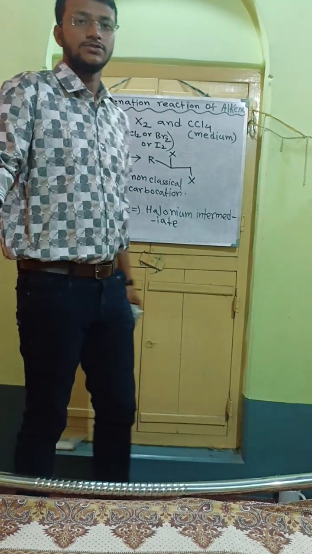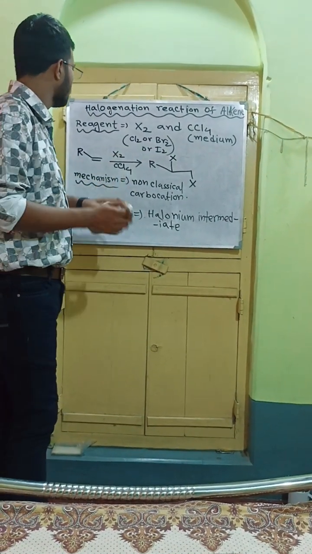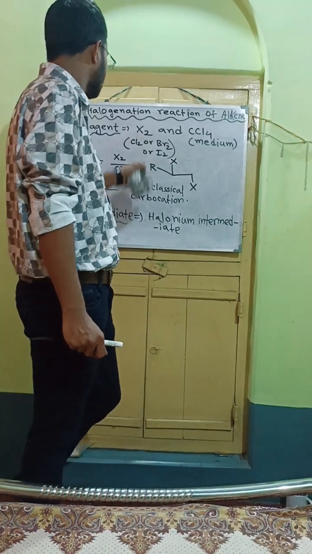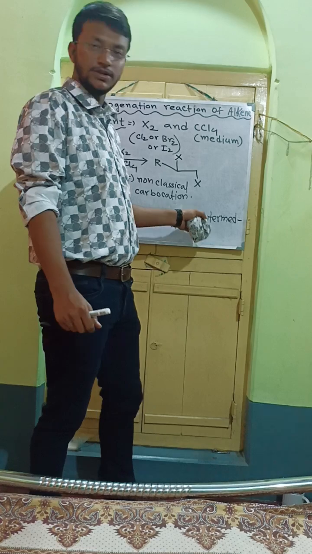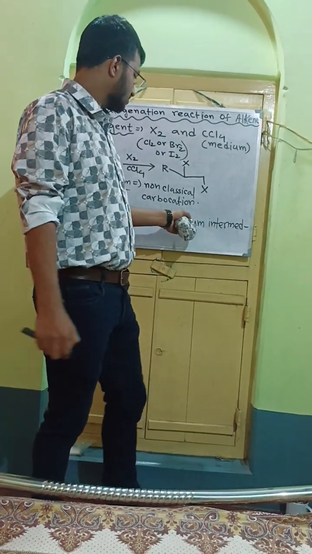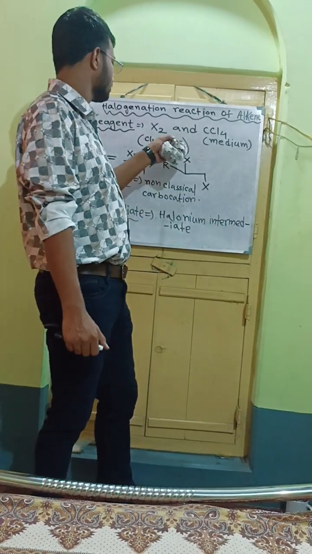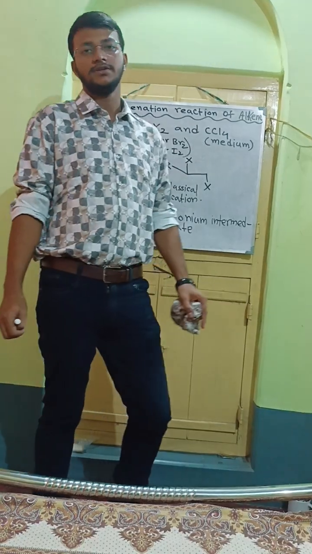Okay. So if we are going to make the reaction with Cl2, then the intermediate should be chloronium. If we use Br2, then the intermediate should be bromonium. If we use iodine, then the intermediate will be iodonium intermediate.